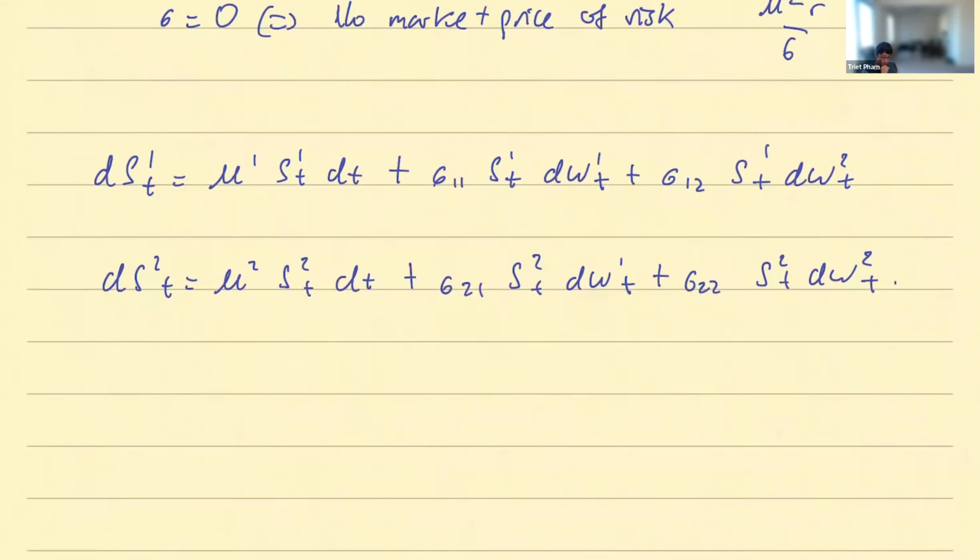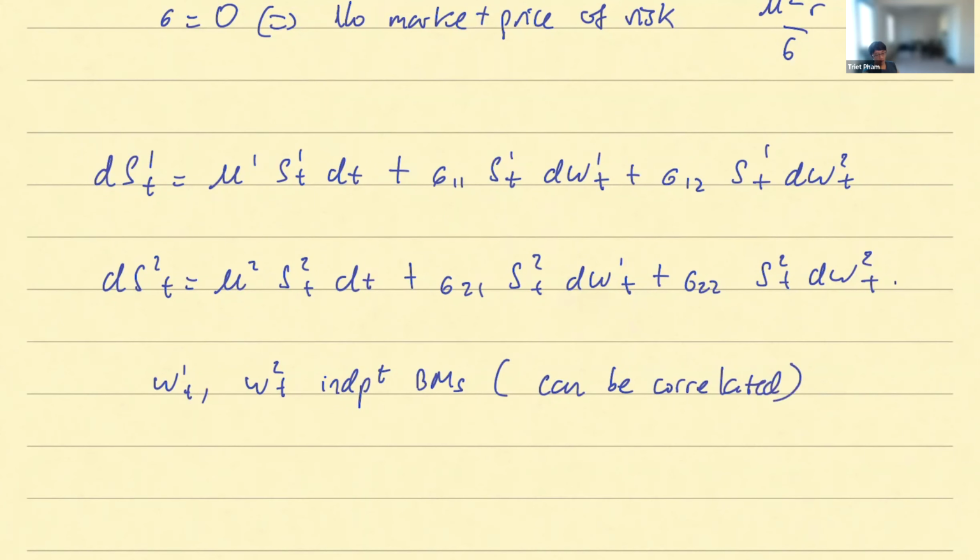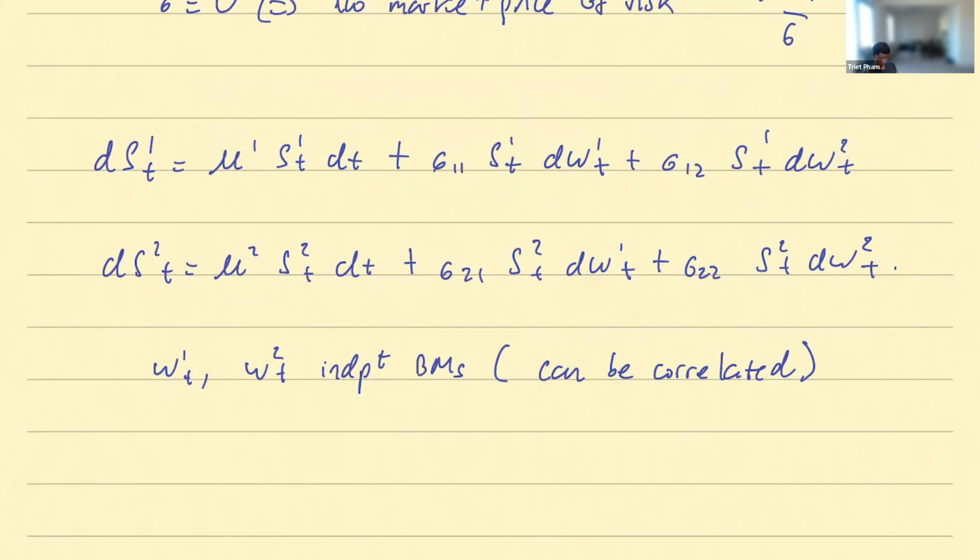So first of all, here W1, W2 are independent Brownian motions. They don't have to be. They can be correlated if we want to model it that way. In other words, we can model a market with correlated assets. Here we just make them independent to make it easy to look at things, but you definitely can make them correlated. So first of all, what's the volatility of S1, for example?